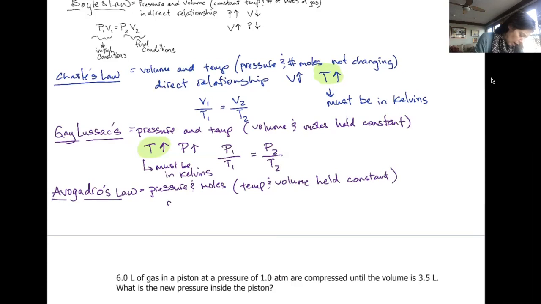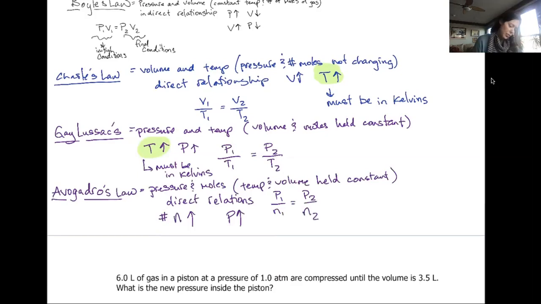So as the number of particles goes up, the pressure will definitely go up. So as the number of moles, actually it's going to be a small n, and I should write that up there, increases, then we'll definitely see an increase in the pressure. So we've got P1 over n1 equals P2 over n2, okay?